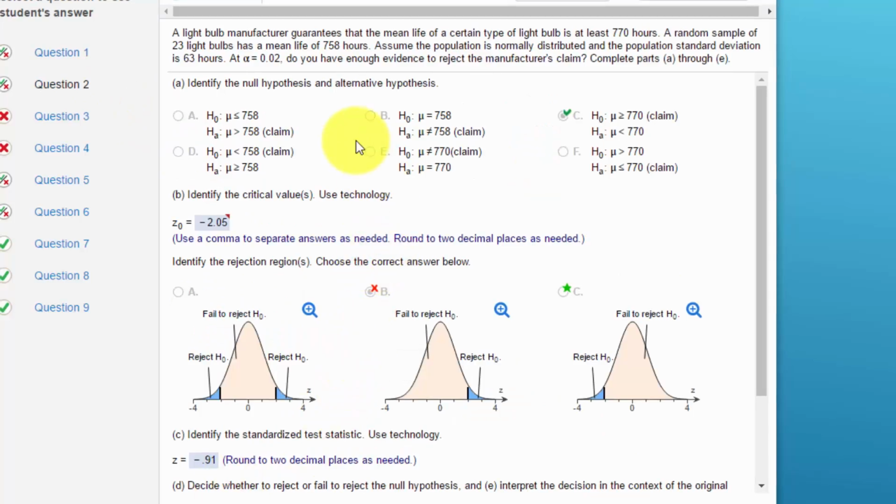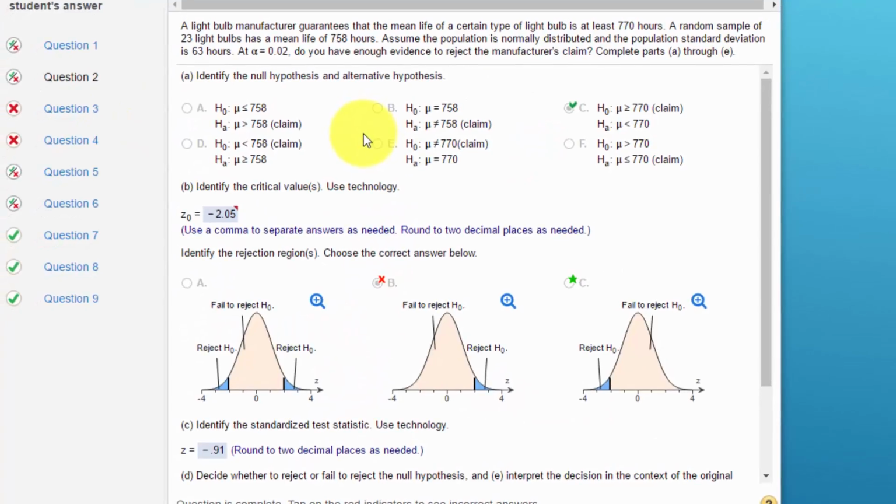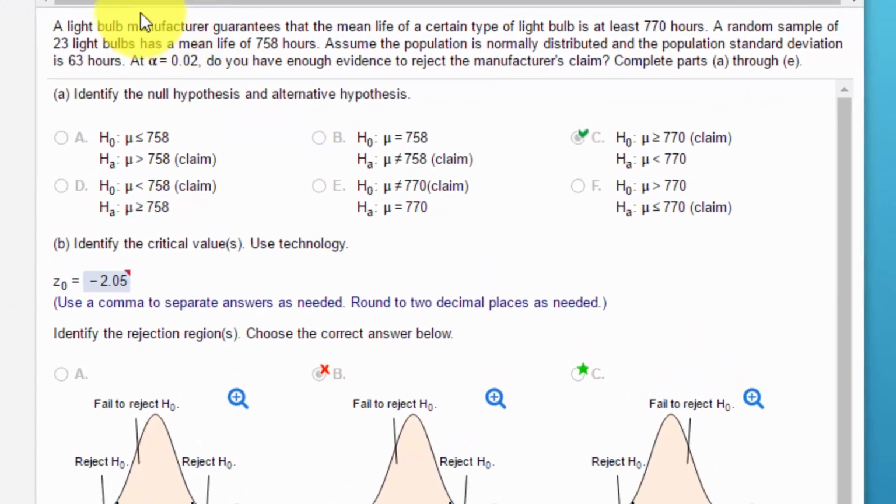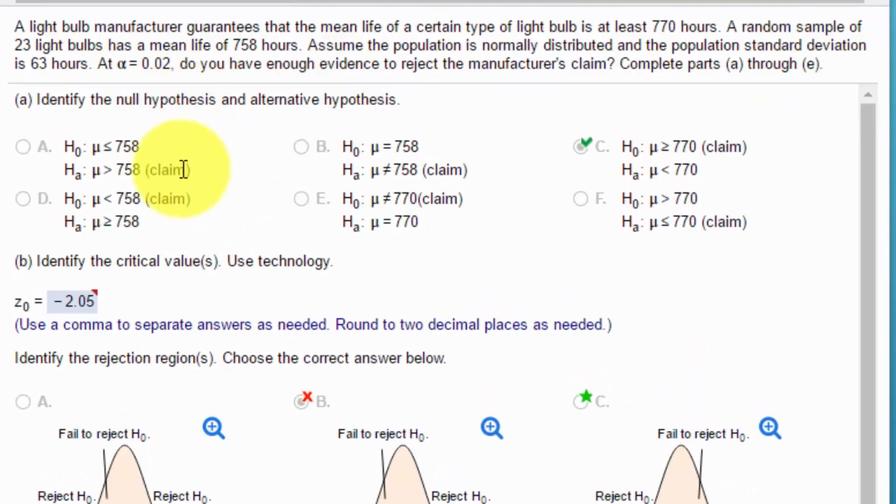Okay, on this problem, it's another hypothesis test of a mean, and we're given a lot of information. I'm not going to go over that for right now. What I want to concentrate on again is taking the time to identify the null and the alternative.